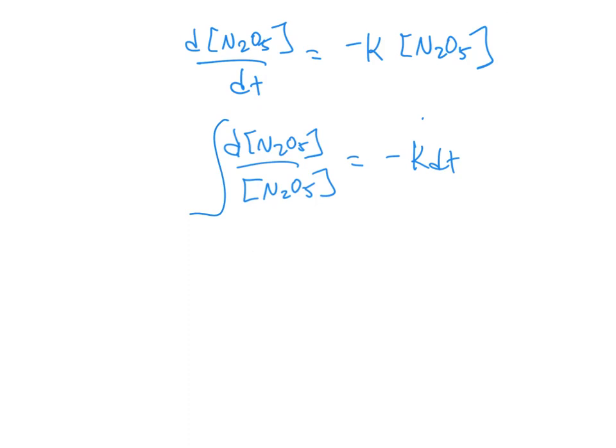We're ready to integrate this equation, and we're going to say when time equals 0, the N2O5 concentration is the initial concentration, and when time equals t, the concentration will be N2O5.